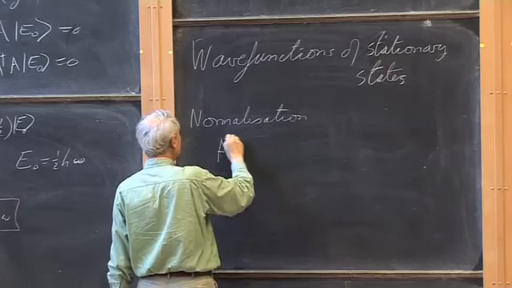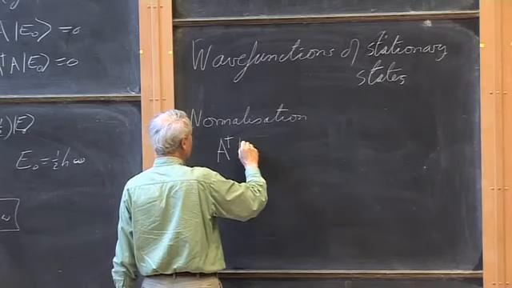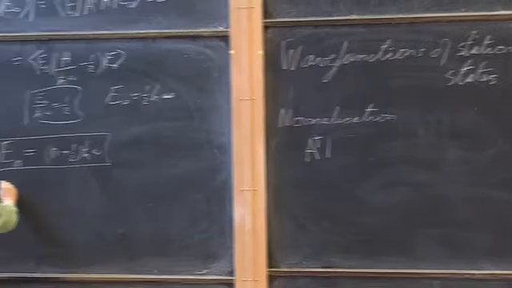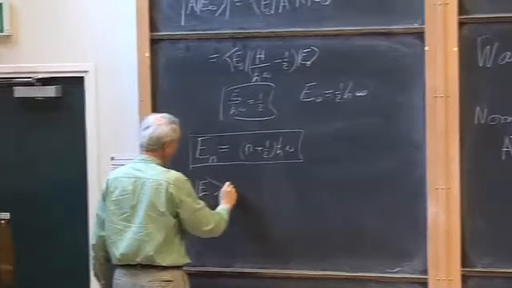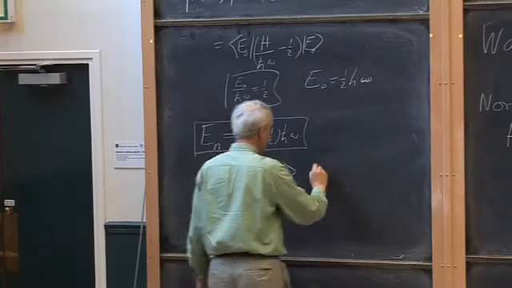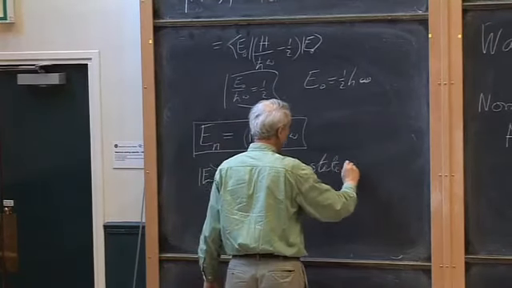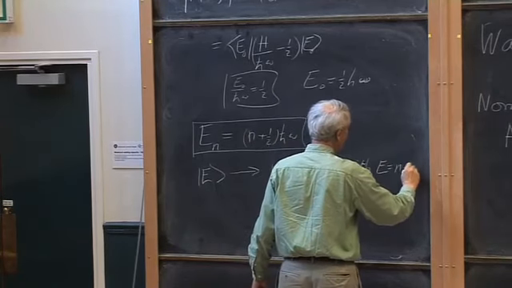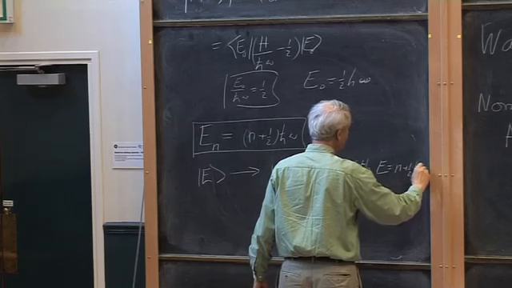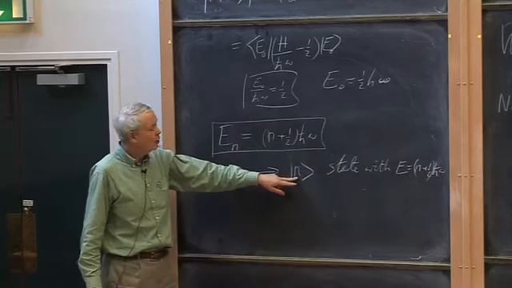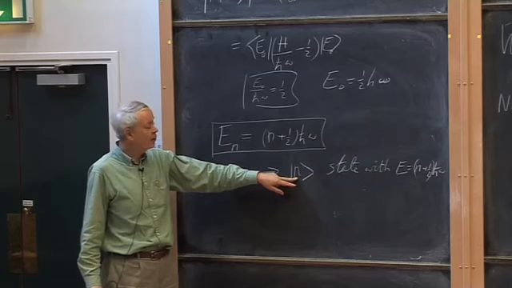What we've established is that a dagger on, and I'm going to introduce a new notation, what previously I'd called E is going to go to n. So this is the state with E equal n plus a half h bar omega. We could write En in here, but everybody writes just n.